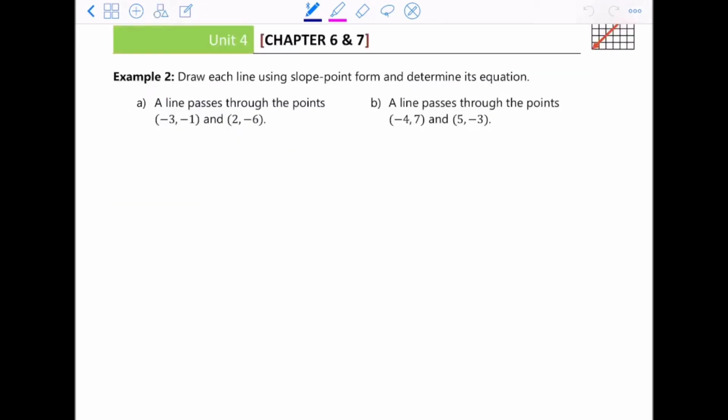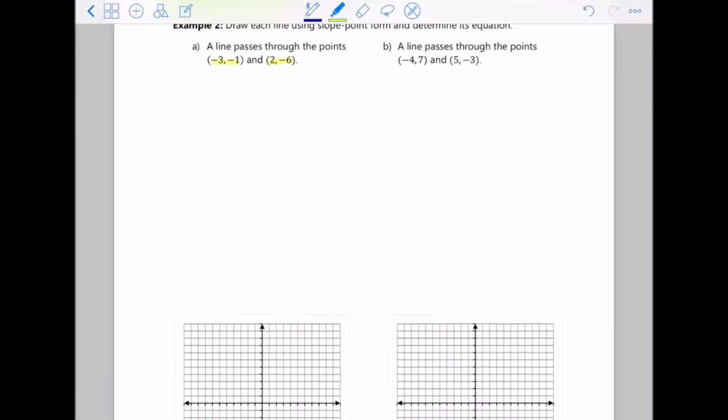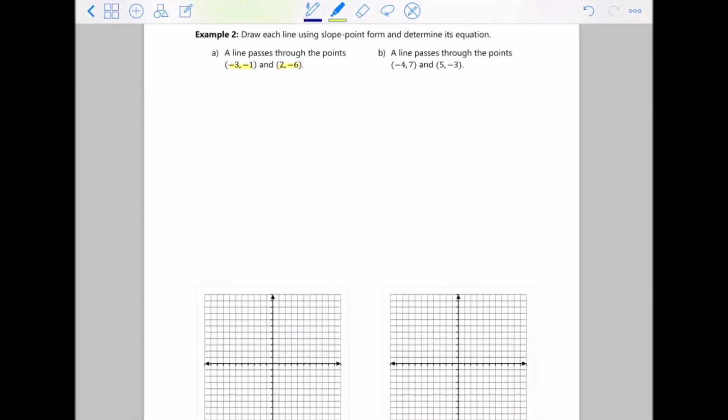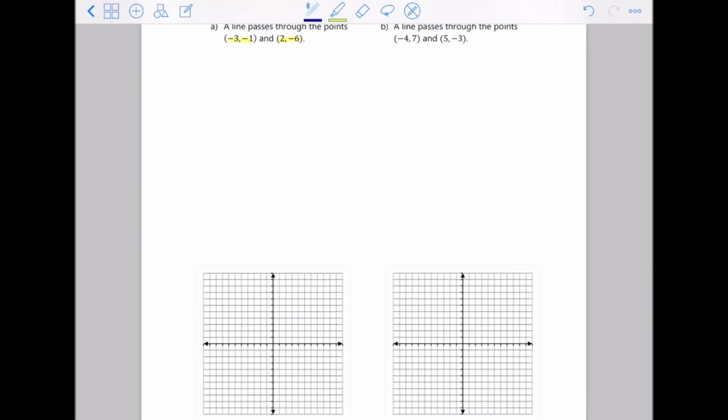Moving on to example 2. Draw each line using slope point form and determine its equation. So for part A, we're given 2 points. We can start off by plotting these points and connecting those 2 points. So negative 3 and negative 1 right here.